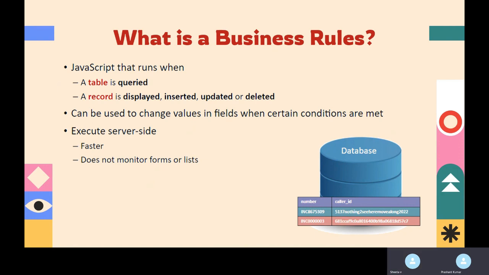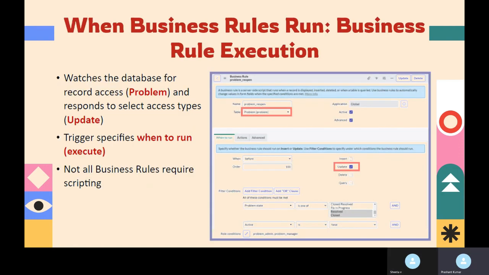All right. So let's move further and see how or when a business rule runs. If you see the example here, there is a table, and we have selected the problem table, and the name provided is problem reopen.